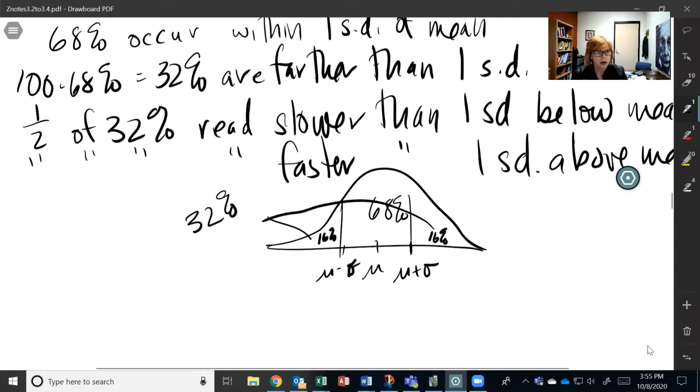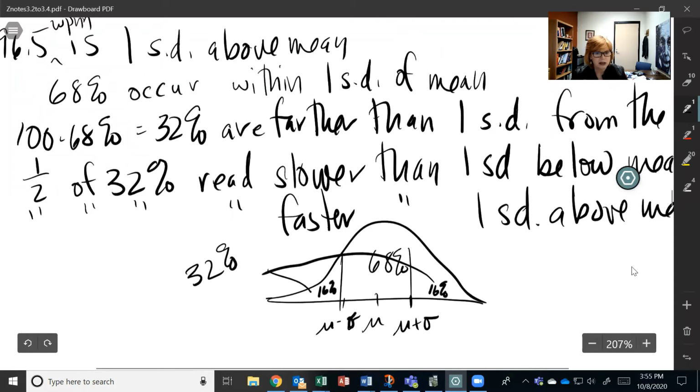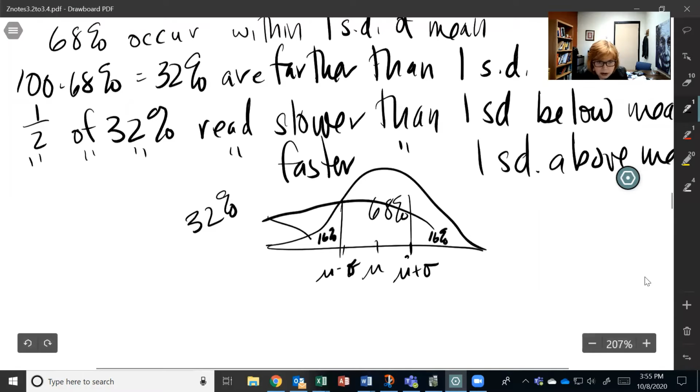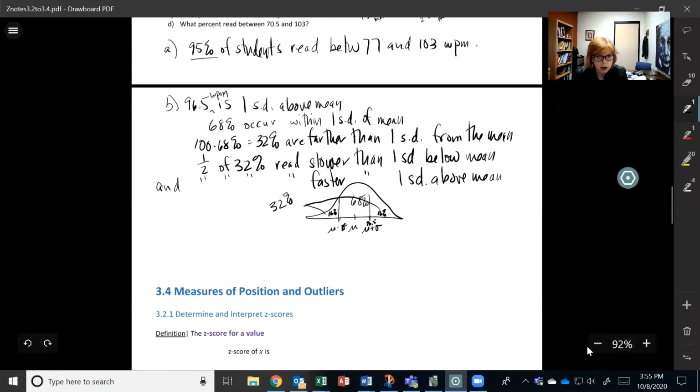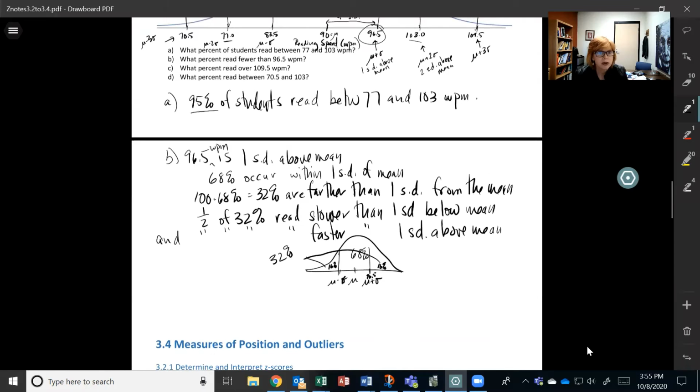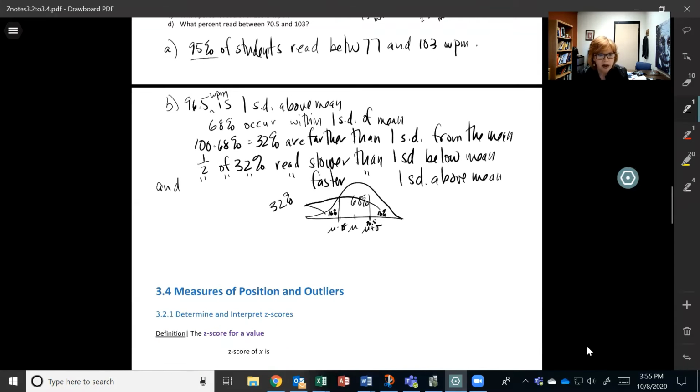All right, so we wanted to know about 96.5, which is right here. It asks what percent read fewer than 96.5. So that's going to be the 68% here and the 16%. So 68 plus 16, which is 84%, read fewer than 96.5 words per minute.